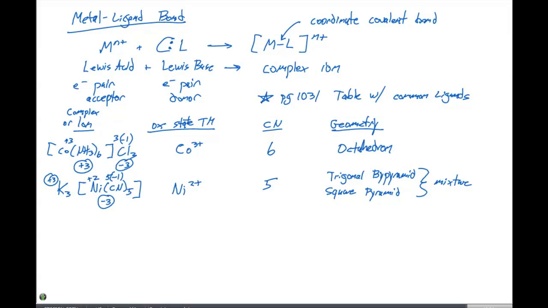If I look, though, at something like K2PtCl4, in this particular case, our potassium has a +2 charge, so that means the complex ion has to have a -2 charge. If there's 4 chlorides with a -1 charge, that means platinum has to be 2+. The coordination number here is 4.